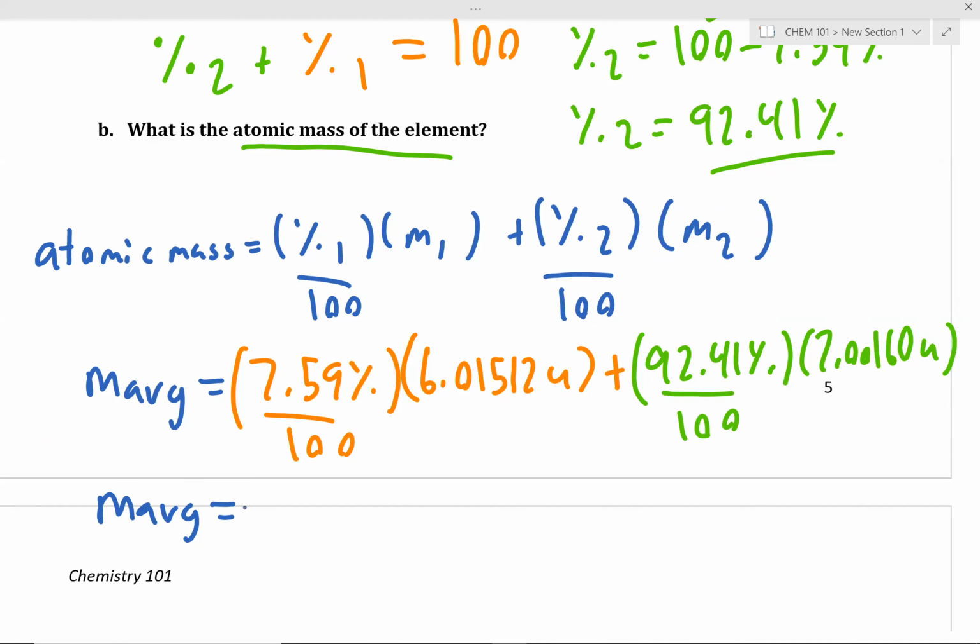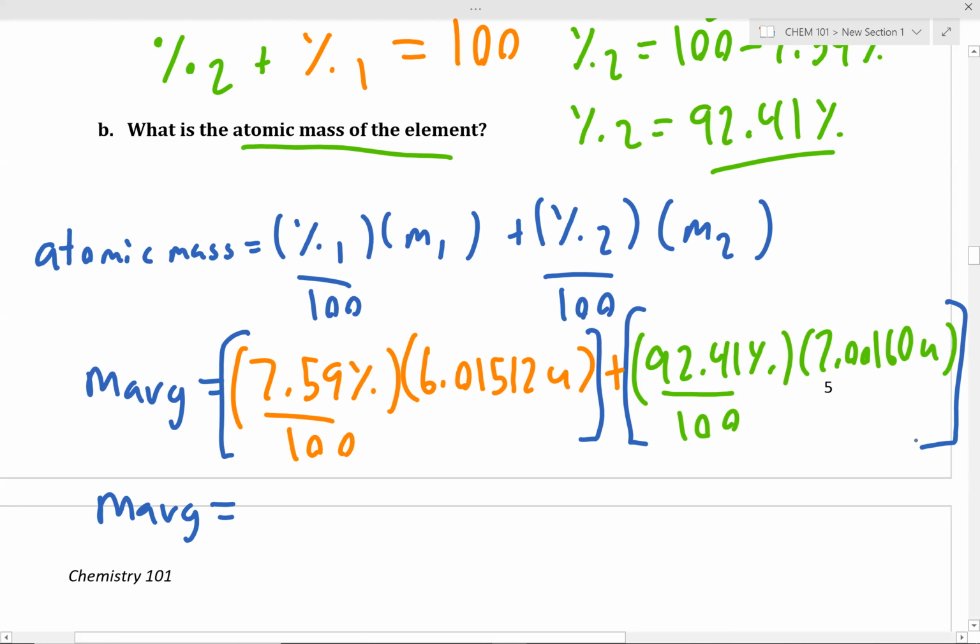Oh, this is where you have to be careful. You're going to enter this first set in parentheses and the second set in parentheses. So we're going to have 7.59 over 100 times 6.01512. We're then going to hit the addition sign and hit parentheses. Then we're going to do 92.41 divided by 100 times 7.0016. Then you're going to close the parentheses.